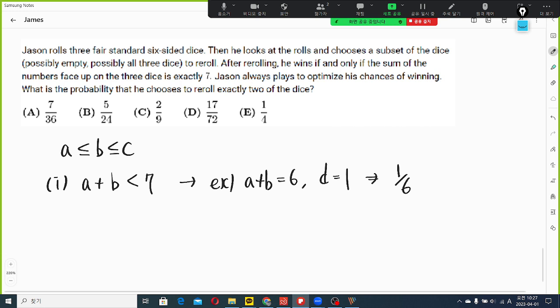And this probability is always greater than the probability of getting the number we want by rolling two of the dice. So this means if the sum of the two lesser numbers is less than 7, he will always pick just one die and re-roll it again.